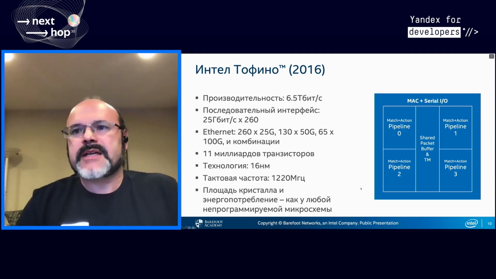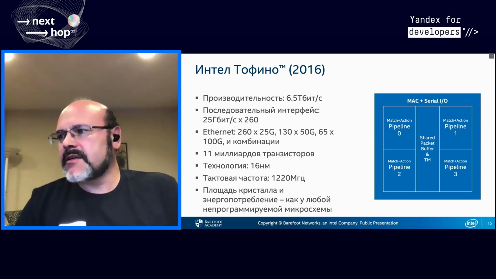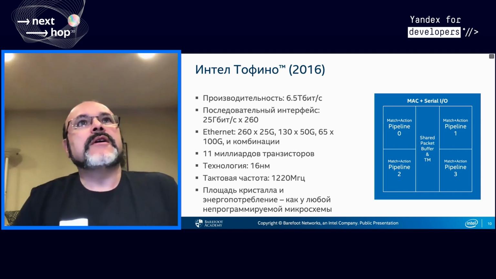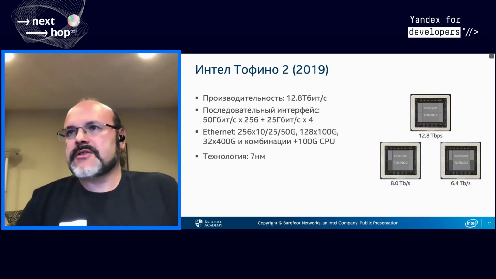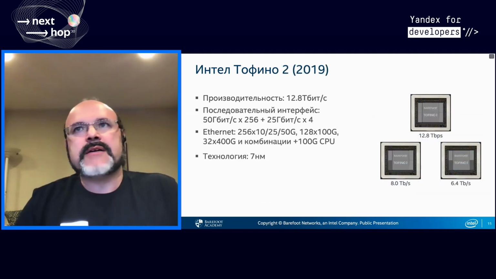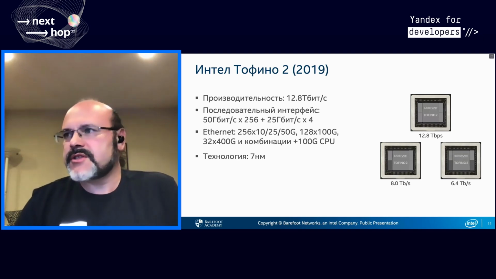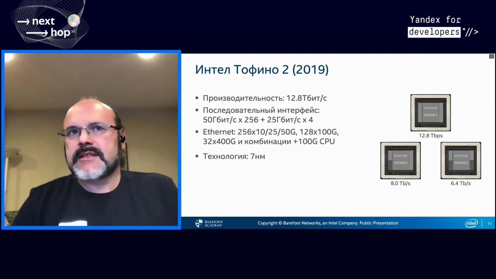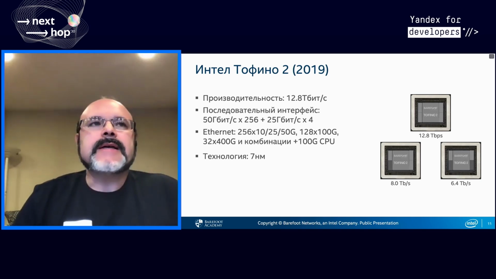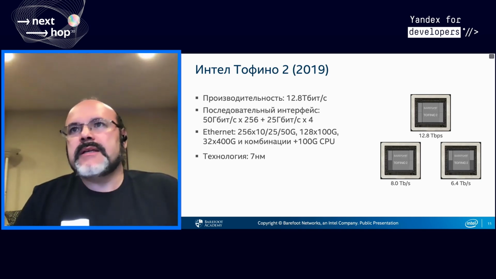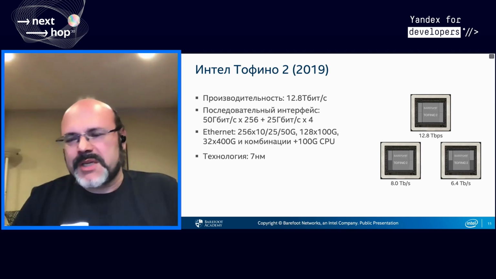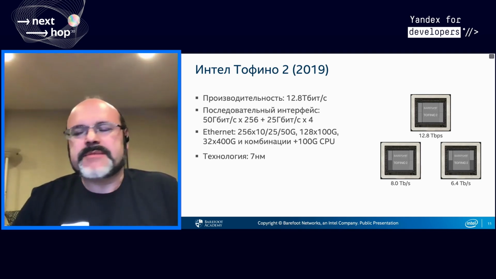The frequency is 1220 megahertz. And the interesting thing is that this chip was the same as any non-programmable chip in terms of costs. And we already have Intel Tofino 2, which has a productivity that is twice as high. The technology is 7 nanometers.